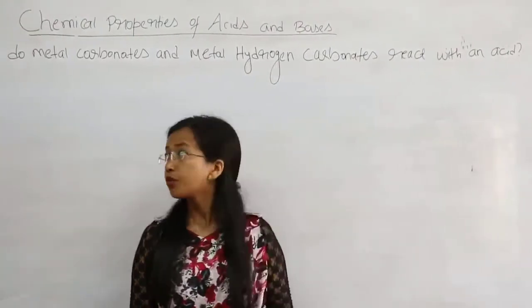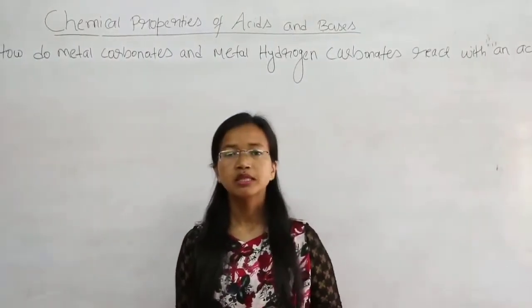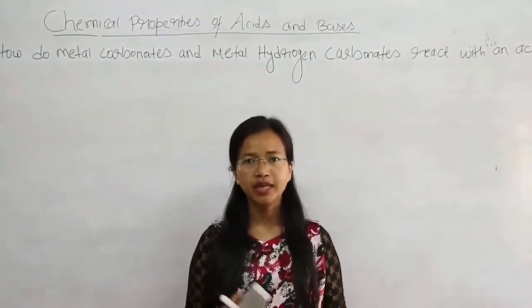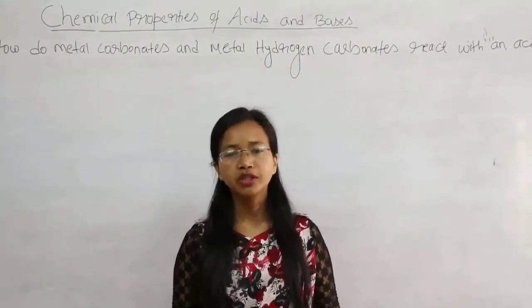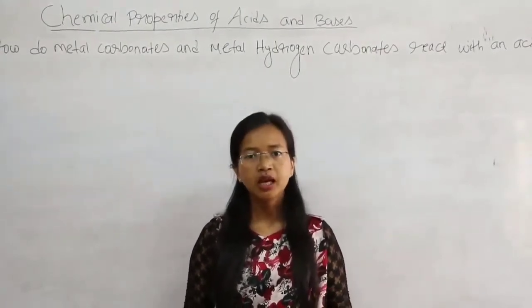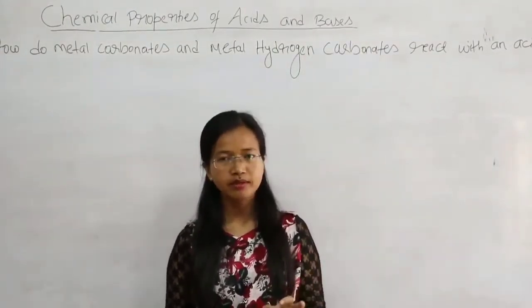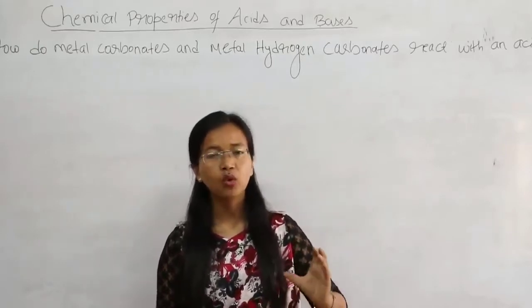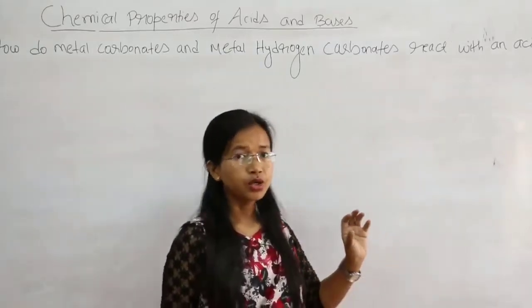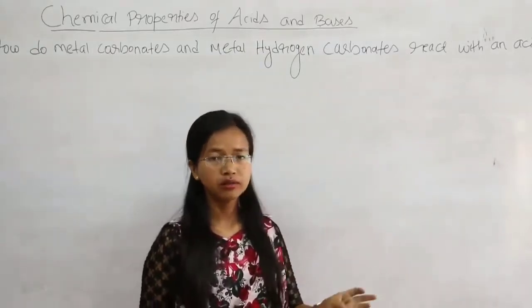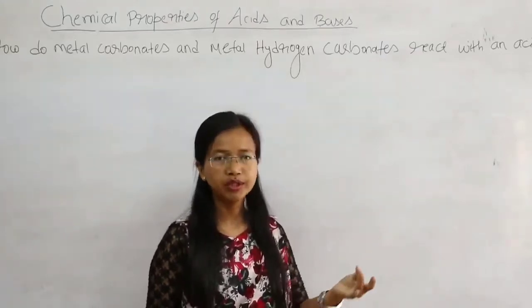We are going to see the reaction of metal carbonates with an acid and metal hydrogen carbonates with an acid. When they react with an acid, you are going to get salt, water and carbon dioxide.